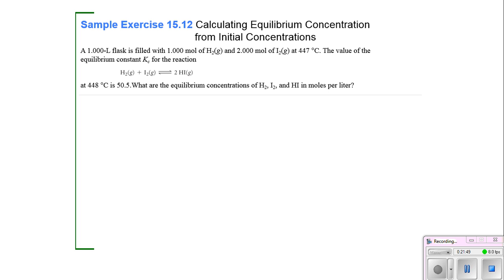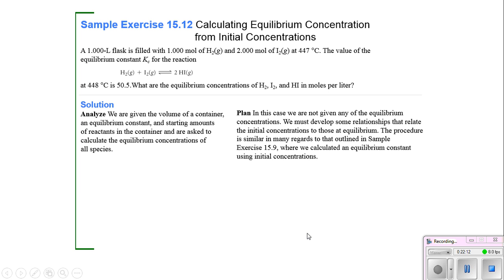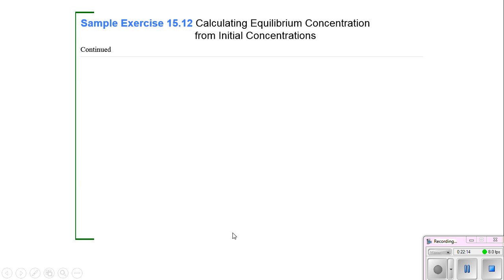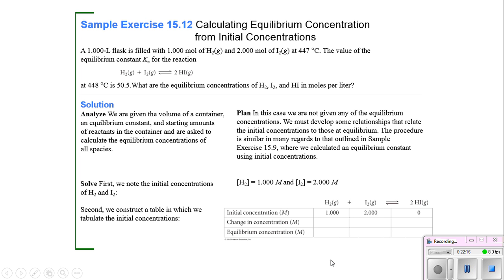Since we don't know any of the equilibrium concentrations at this point, unlike the last section, where we were given the initial concentration and the final concentration to figure out the change in our ice table. Here's my ice table. Okay, so notice here that we're only given the initial concentrations. We're not given a final concentration here within our ice table.